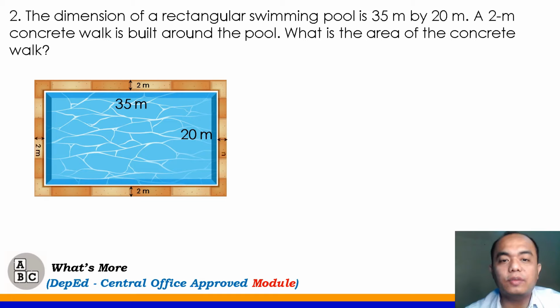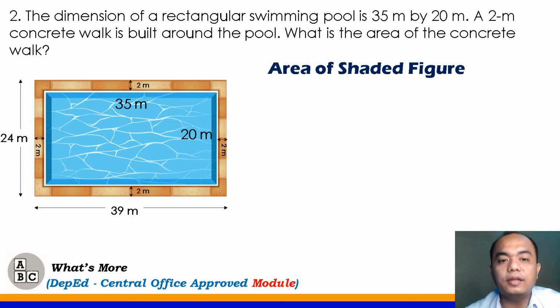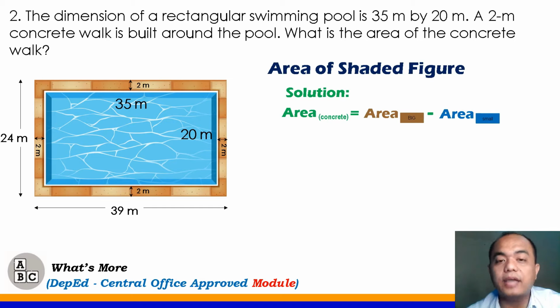Okay, so again, it is represented by our bigger rectangle and the small rectangle. So the area of the shaded figure, no, as if the bigger rectangle is the shaded figure or the concrete wall. So that is equal to area of the big rectangle minus the area of the small rectangle. Magma-minus tayo, class.